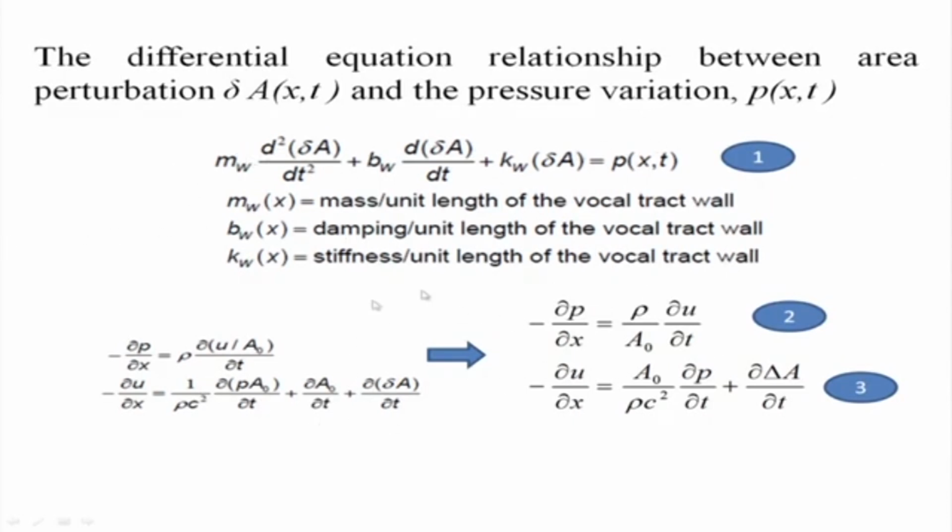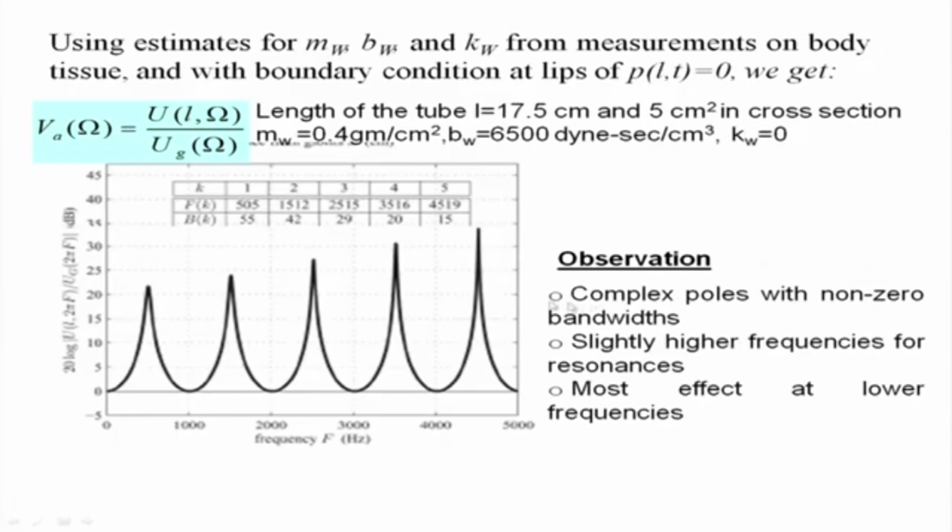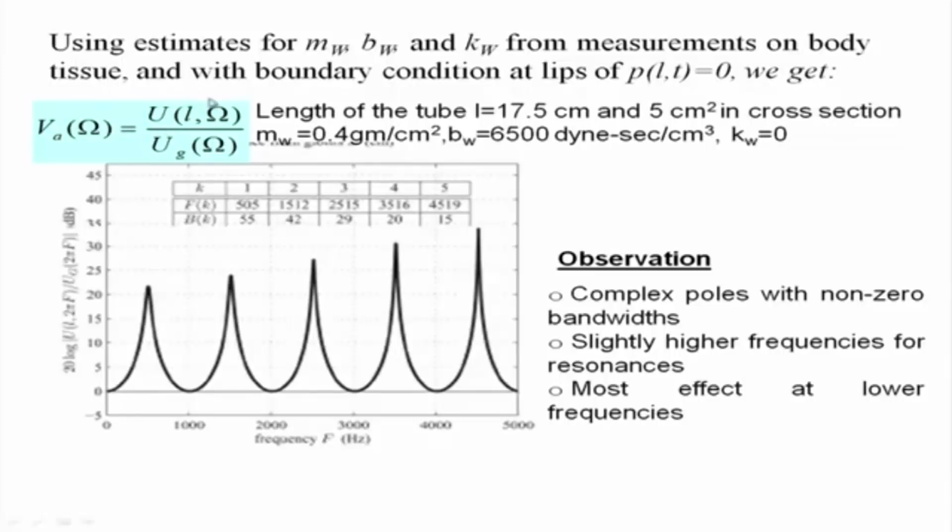Then if I consider these 3 equations, instead of the wave equation alone, from these 3 equations I get an analytical solution of what will happen in the frequency response, which is V_A(omega) by U_G(omega)... Now, they said the length of the tube is 17.5 centimeter and 5 centimeter square is the cross sectional area, and m(omega) is 0.5 gram per centimeter square, b(omega) is 659.